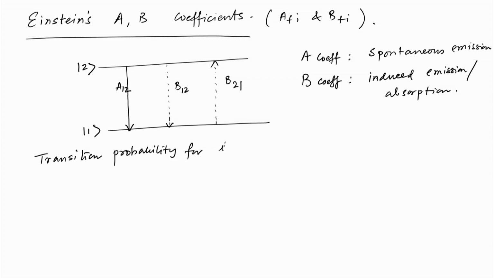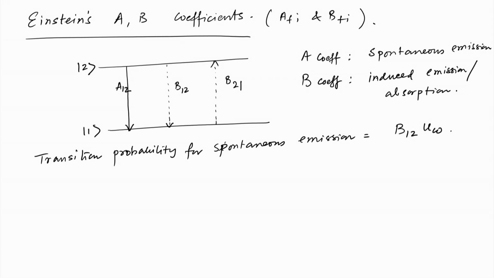So, the transition probability for, say first, spontaneous emission is equal to B12 u omega.